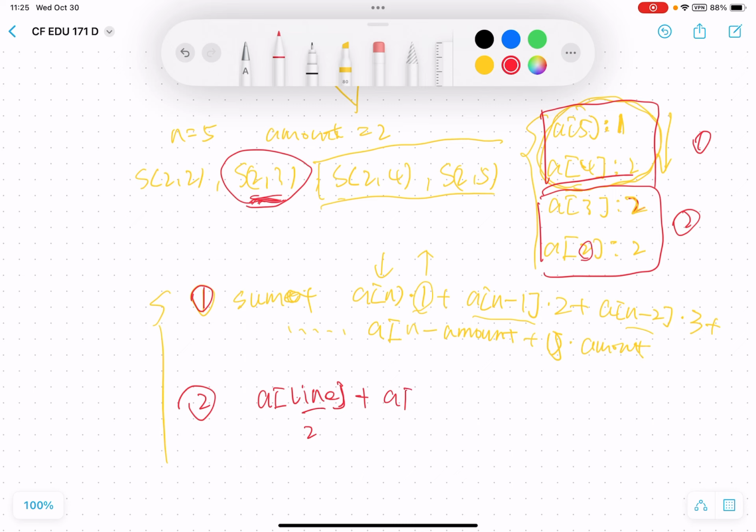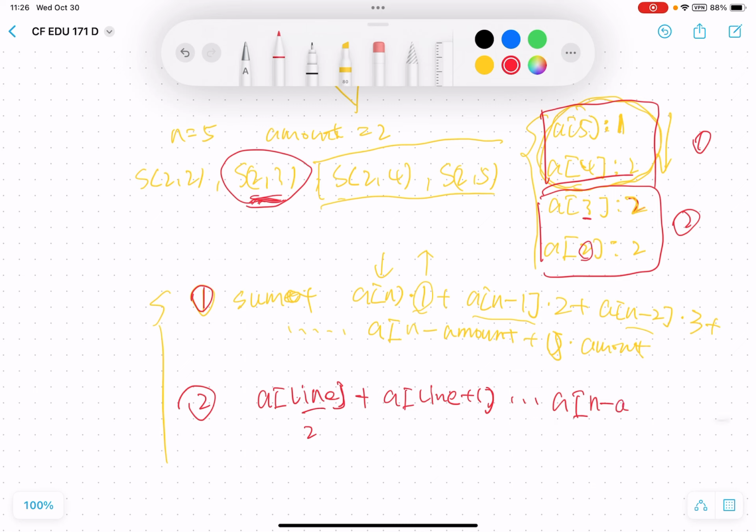Multiply A line plus 1, this will be amount. Until An minus, we need to know the number of elements in this line.